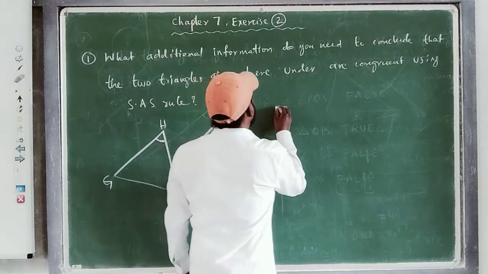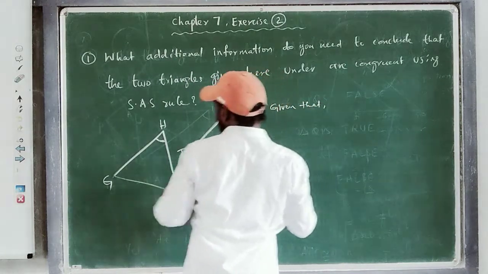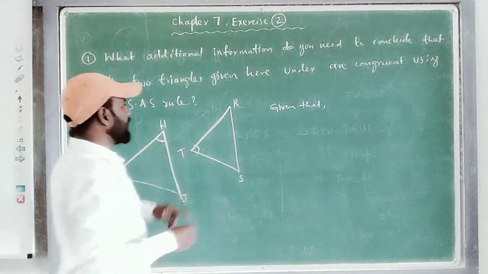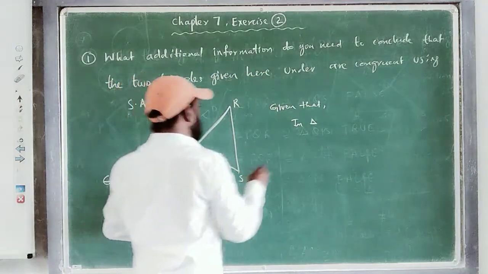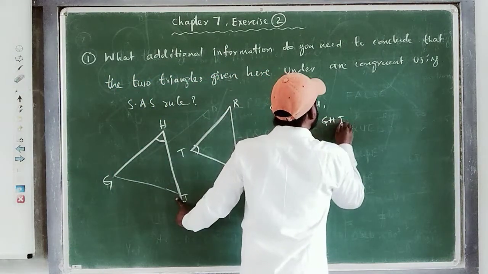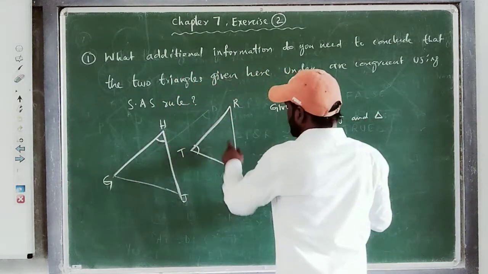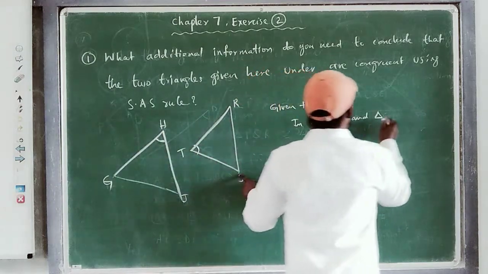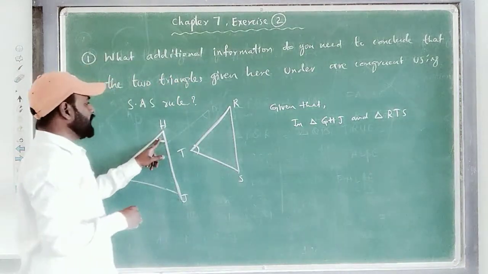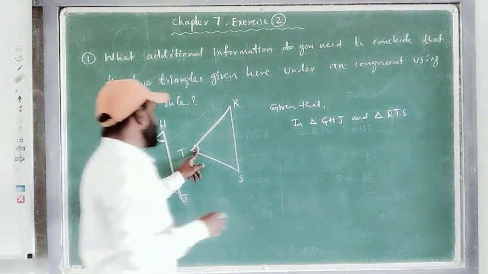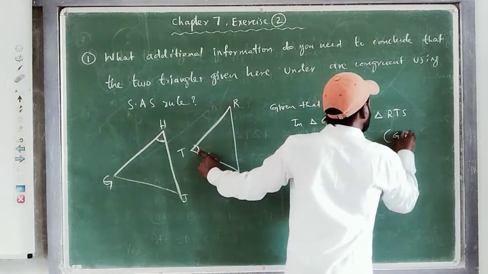So it is given that angle H is equal to angle T, in which triangle? In triangle GHJ, and in triangle RTS. In these two triangles, the angles which are equal, angle H is equal to angle T, are given in the figure itself.